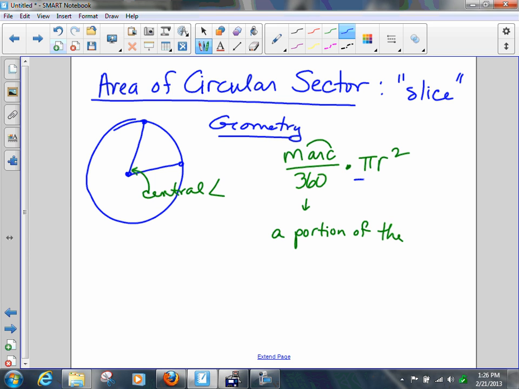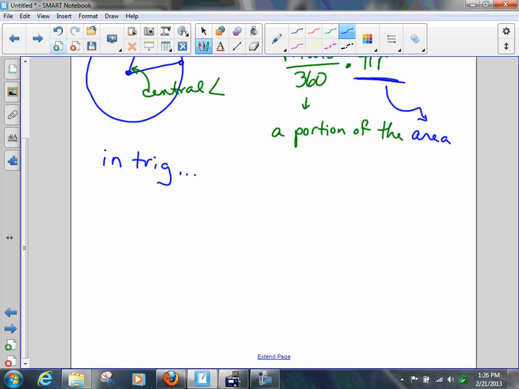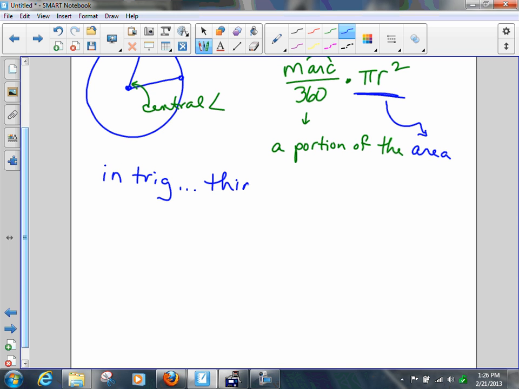Pi r squared is the area formula. That's the formula we used in geometry. Now, in trig, we're thinking not degrees, we're thinking radians. Think radians.